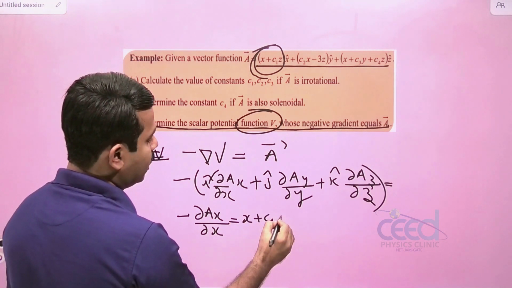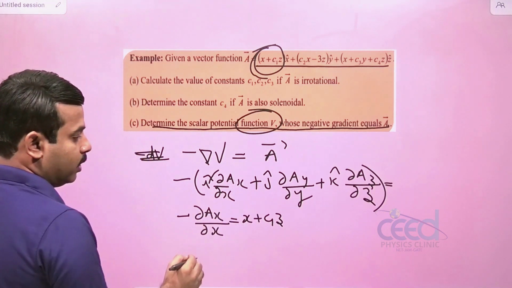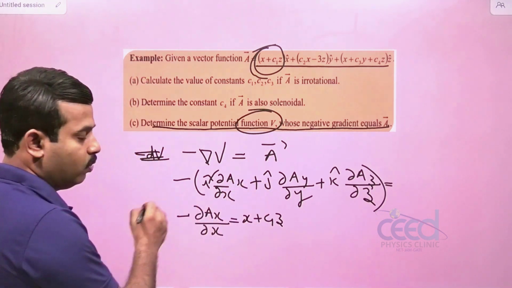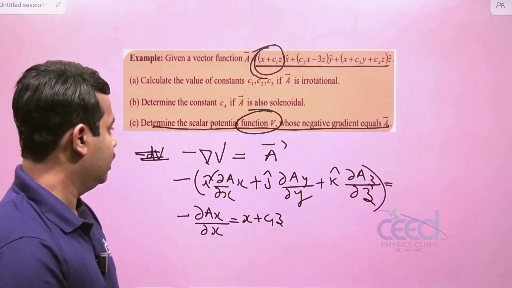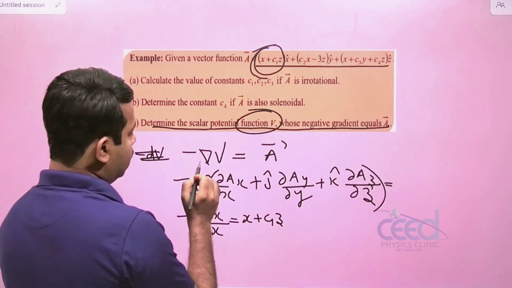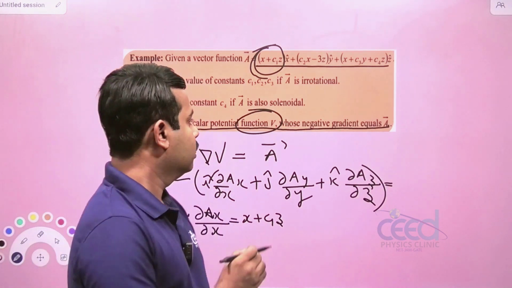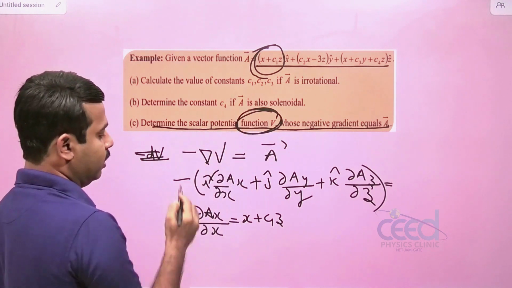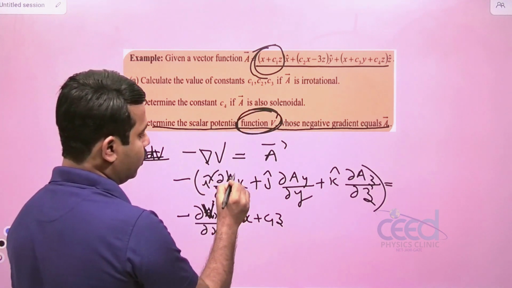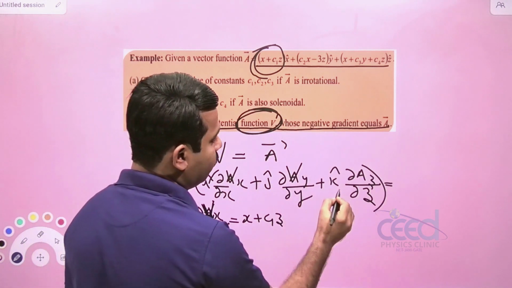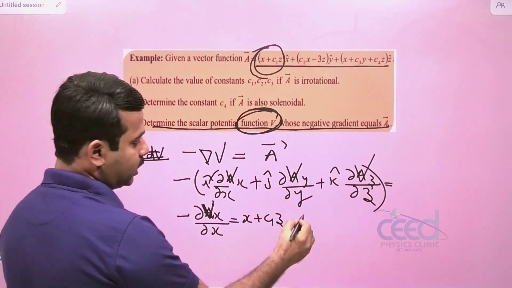Then by integrating, what do you get? We want to find this Ax, Ay, Az. So this you can write as Vx. Why am I writing Vx? They named this function as V. So here you can take Vx, here Vy, here Vz. Then what is Vx?